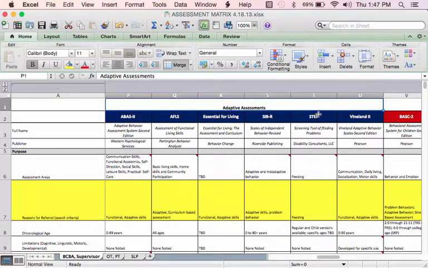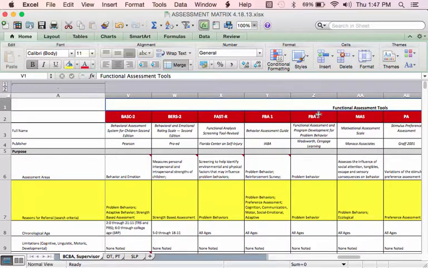Now, let's say I'm interested in doing a functional behavior assessment. I have a number of options here as well. I could use the Behavior Assessment System for Children, or I could swing over here and use the Motivation Assessment Scale. So once again, the implication is that the assessment tool that I select will be based on some critical information that I'll have available to me, including the age of the person, the developmental level of the person, and the reason the person was referred to me.